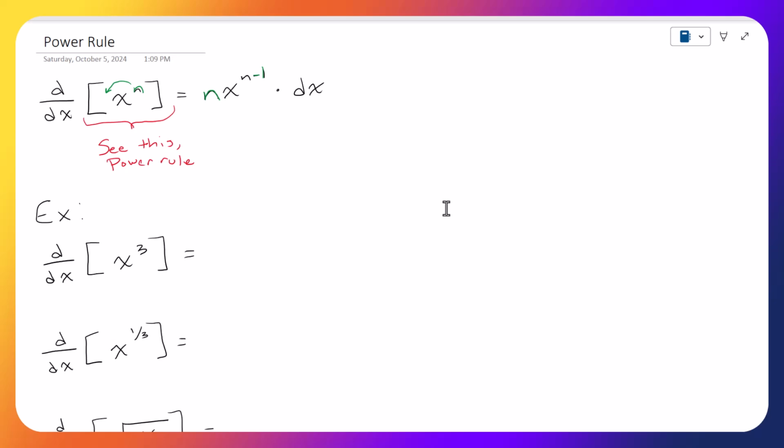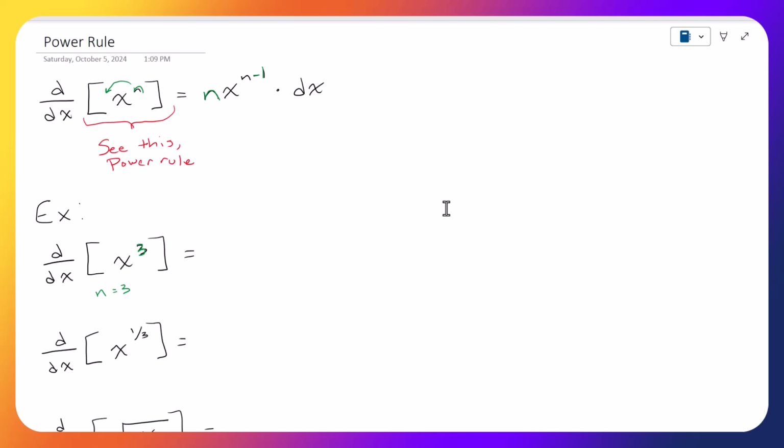We have d over dx, the derivative of x cubed. Well, I see that we have a cubed right there. We have x to the n, and our n in this case is 3. I'll even write this, n equals 3. So now we're just going to substitute stuff in.